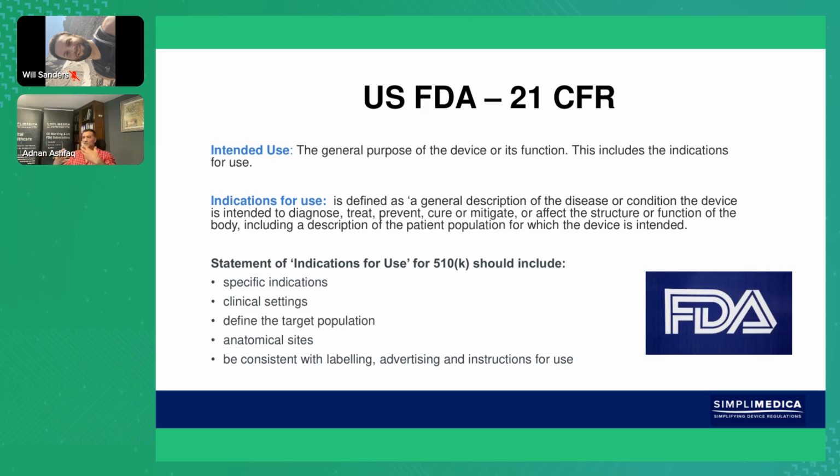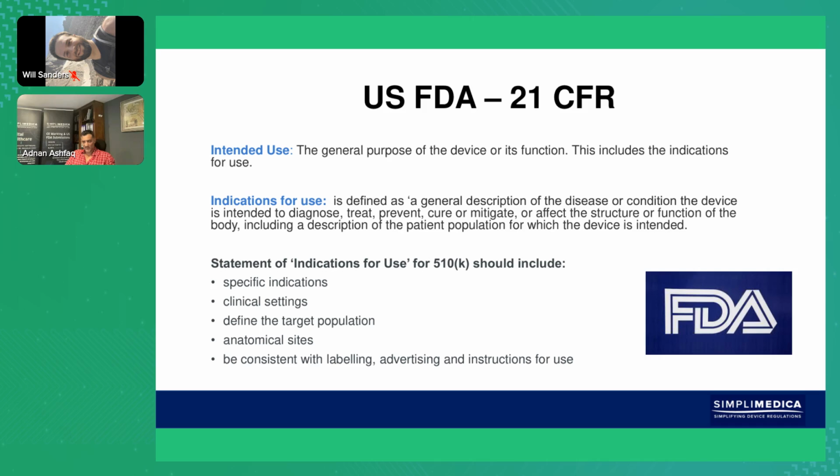Let's move forward, because in the intention of its use, the purpose, it fulfills some of the earlier definition requirements. So we then move on to, what does the US FDA actually say about intended use? It says here that the intended use is the general purpose of the device or its function. This includes the indications for use.